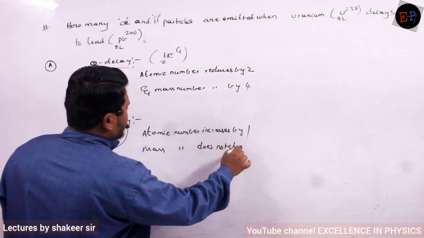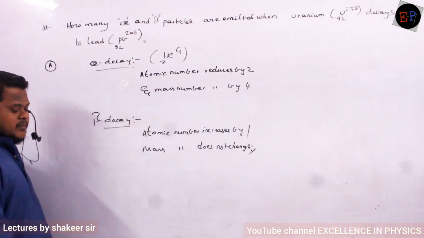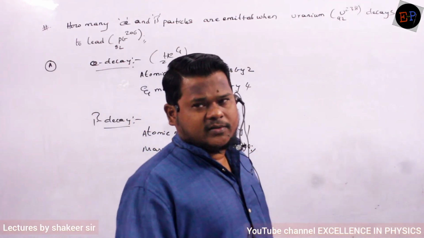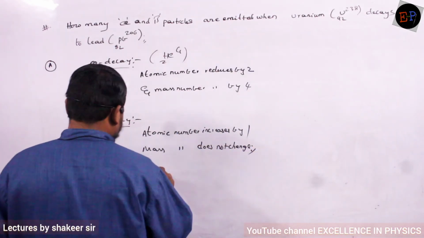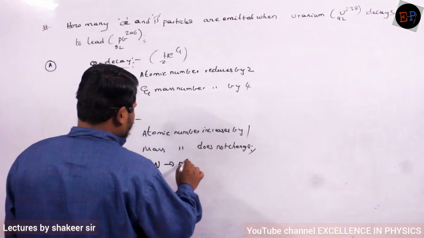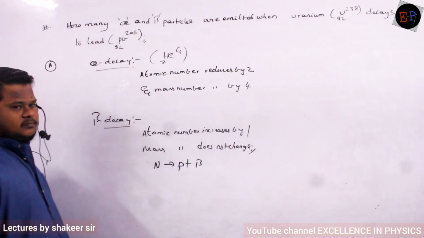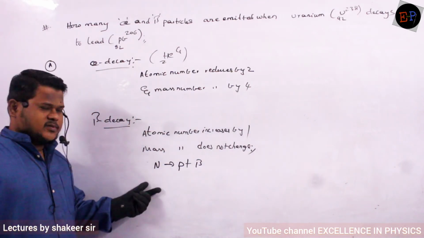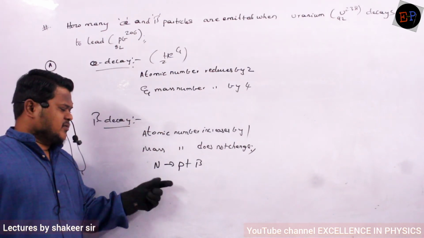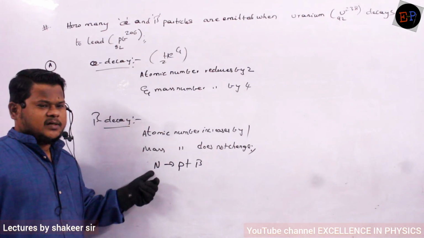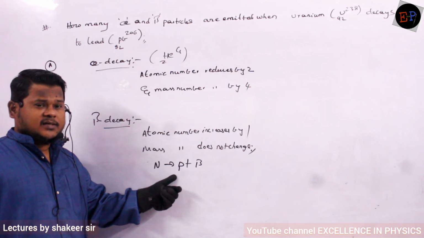The mass number will never change when a beta particle is released, because already we have studied how a beta particle is released. One neutron converts into a proton plus a beta particle. So one neutron is reducing, but one proton is newly created. Therefore, one uncharged particle has reduced and one charged particle has increased.